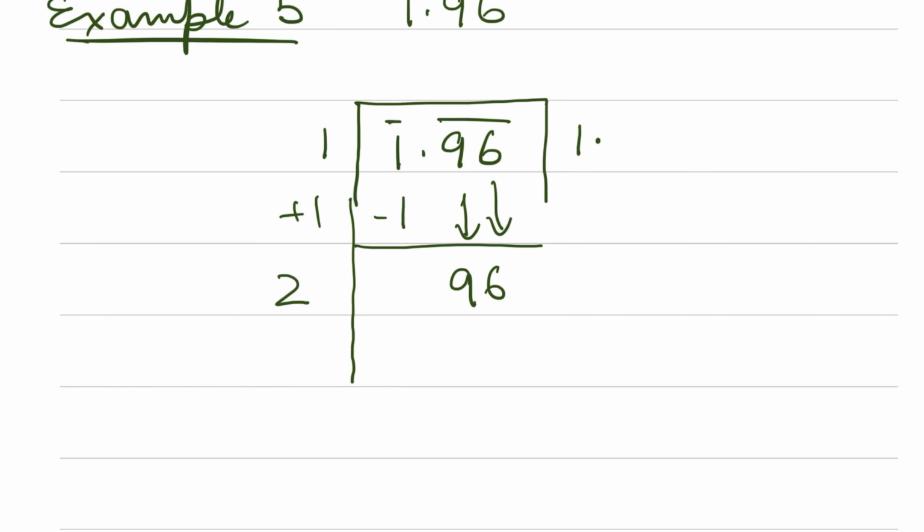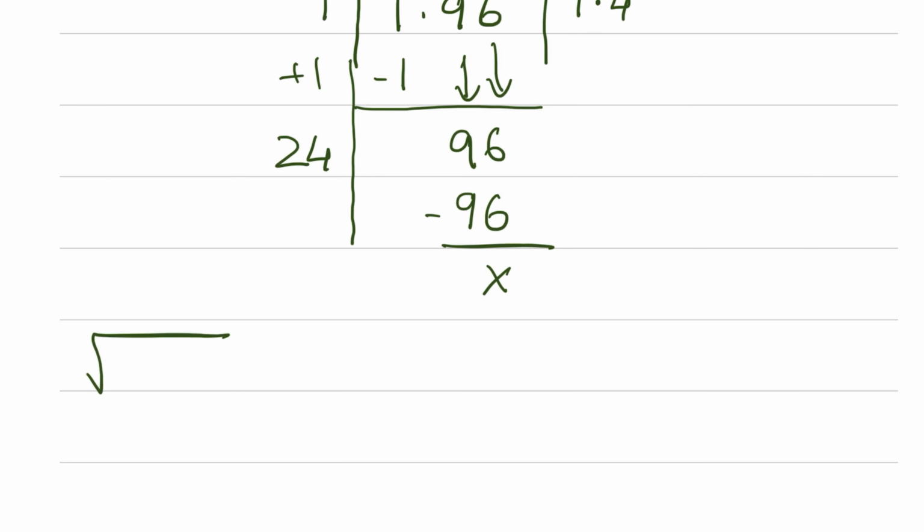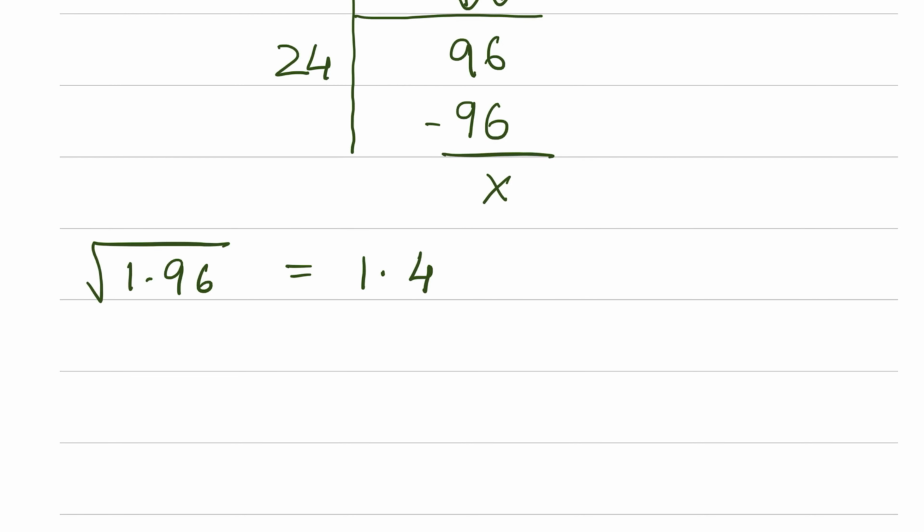So here I have to find out the units digit such that if I multiply with the number, I should get less than or equal to 96. It goes by 4. 16 and 9. Square root of 1.96 is equal to 1.4. Let's take another example.